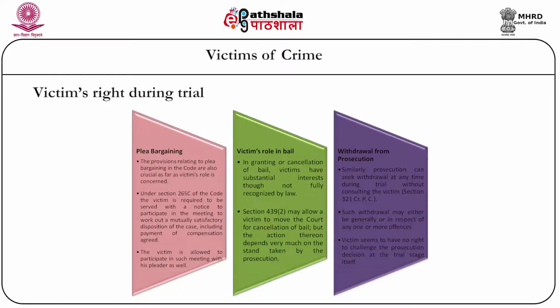Therefore, as far as withdrawal from prosecution is concerned, it is the prerogative of the prosecution to take a call on whether he is going to proceed with the case against the accused or not, or whether he is going to charge the accused for one offence or another. That is the prerogative of the prosecutor only, and victim has no say in that.